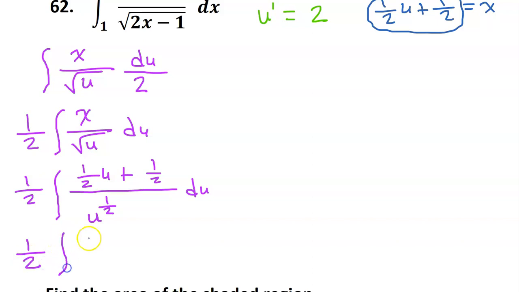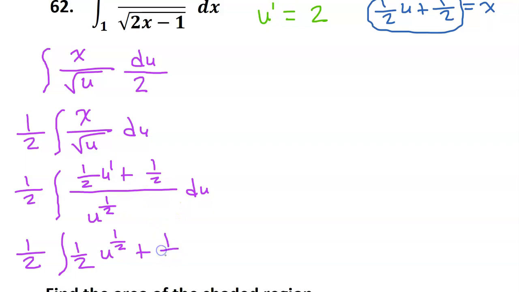Remember that when I divide with variables, I subtract the exponents. So see that 1/2 right here? I'm just bringing that down. But 1 minus 1/2 is 1/2. So I'm going to have u to the 1/2 power plus. Now I'm also going to divide 1/2 by u to the 1/2 power.